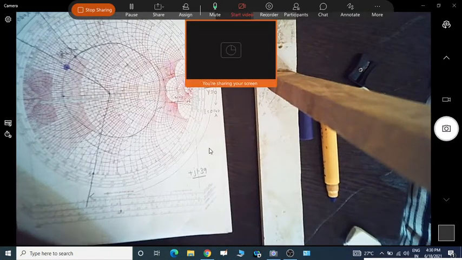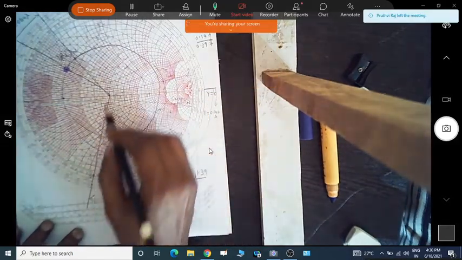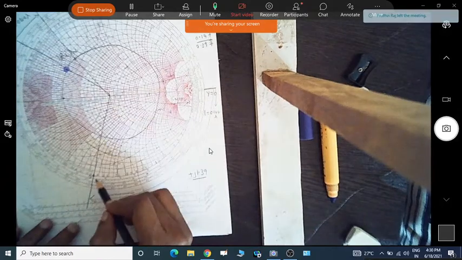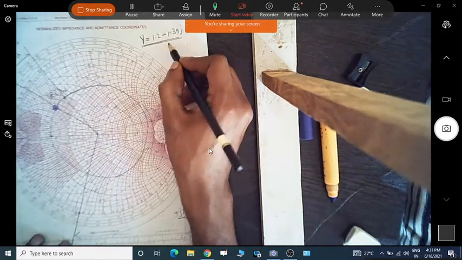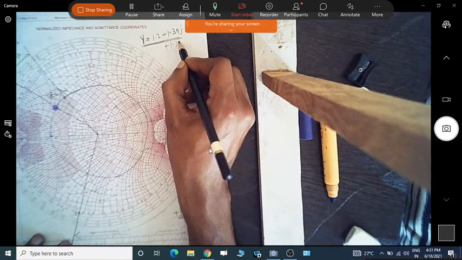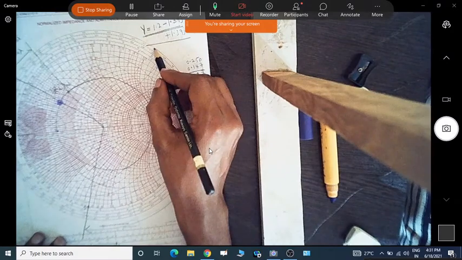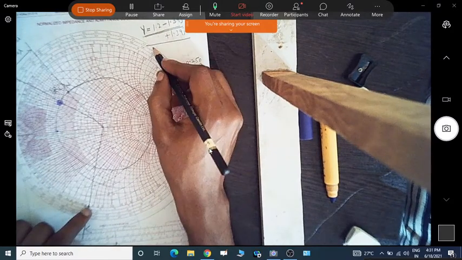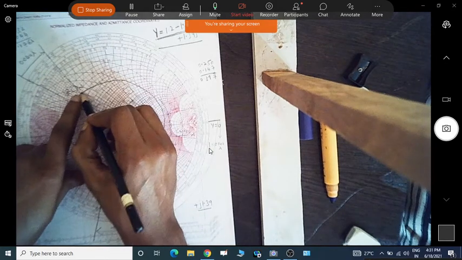Okay, whatever the approximate value I found from this length, I will get around 0.13 or 0.135 like that. Now if I add that to 1.39 or whatever it is, then after adding the susceptance, you can see here this is 1.4 whatever j.